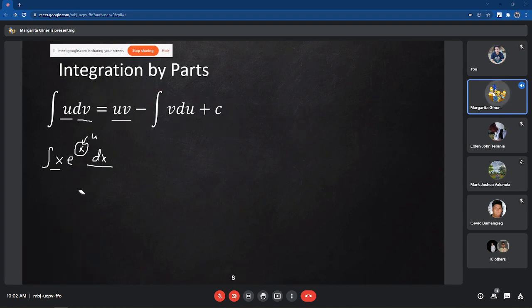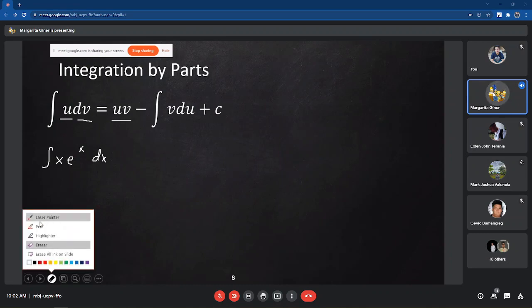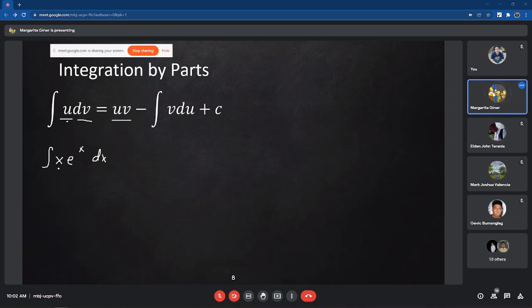So, all you have to do is follow again the formula. Ang x ang value ng u mo. Ang dv ay e raised to x. This is your dv. Okay? So, kung ito ang u mo, solve mo ang derivative niya.